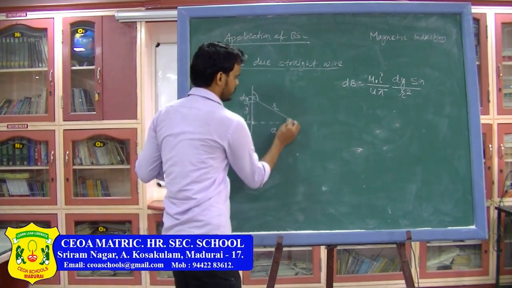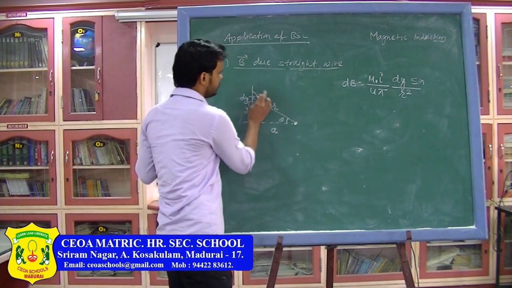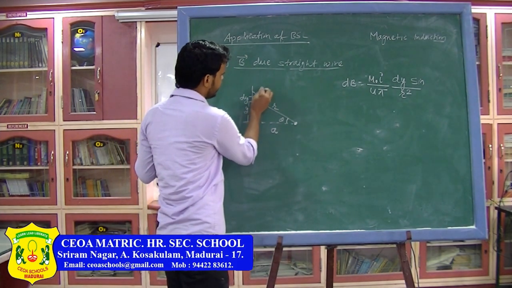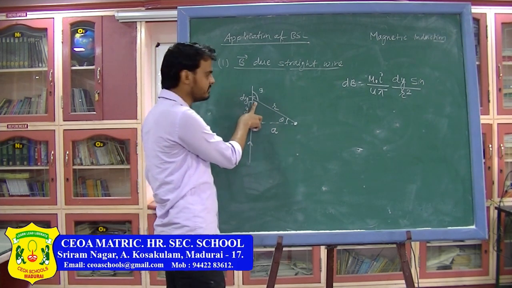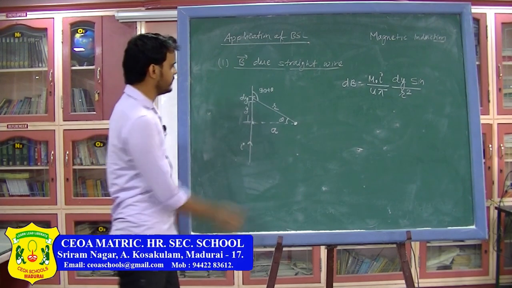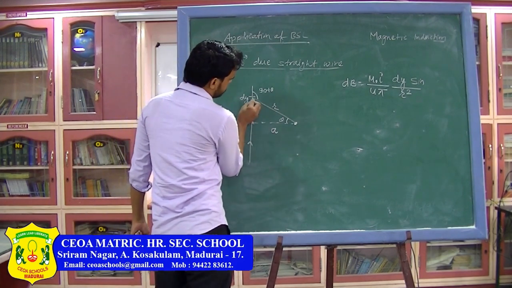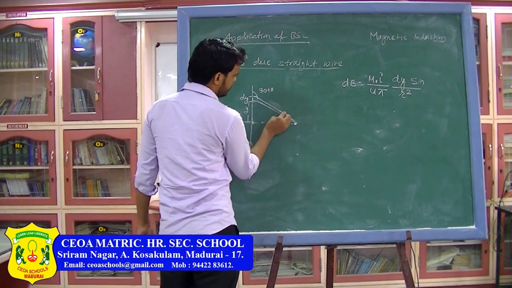So here I am going to assume this angle is theta. This angle is 90, so I can write this as 90 minus theta. Then this angle will be 90 plus theta, and I can consider this to be a very small element d theta.